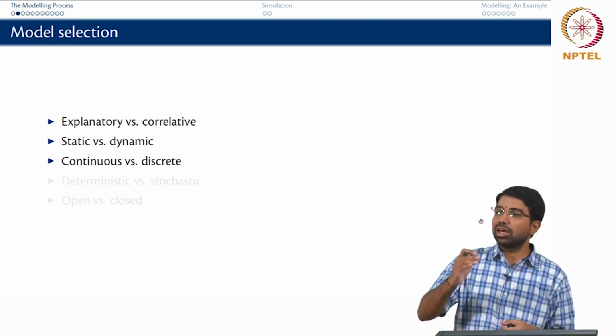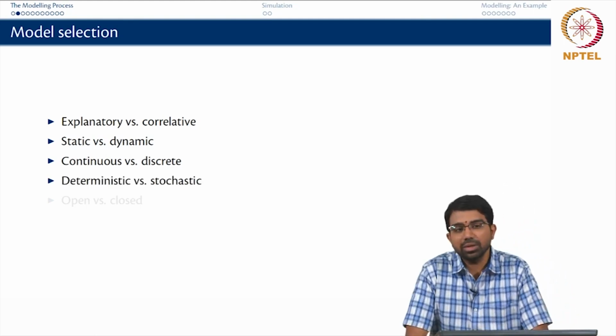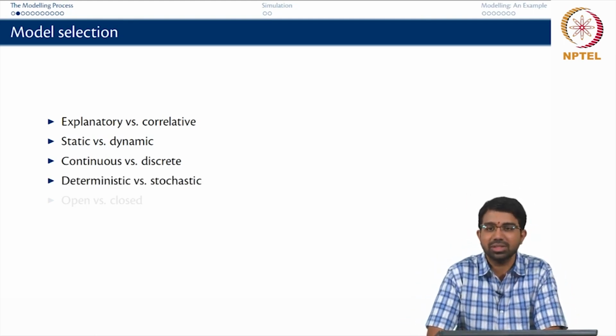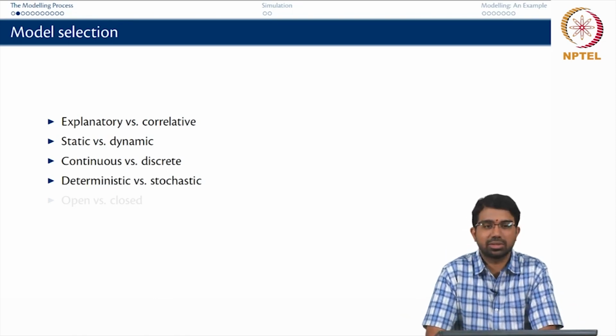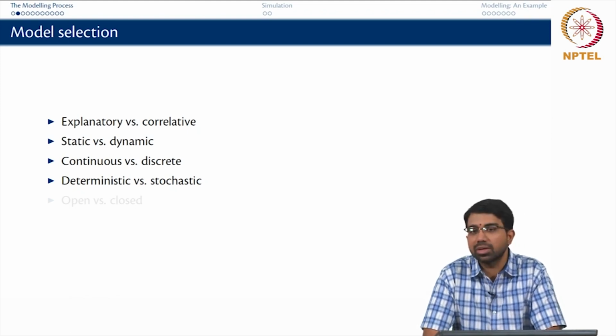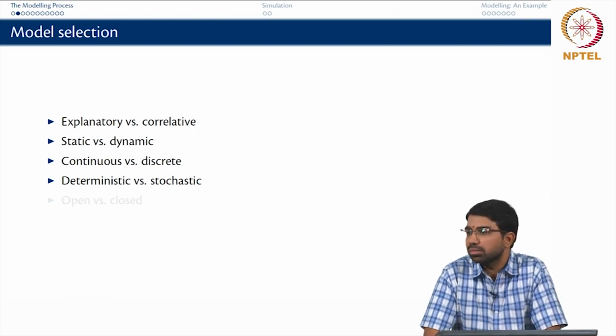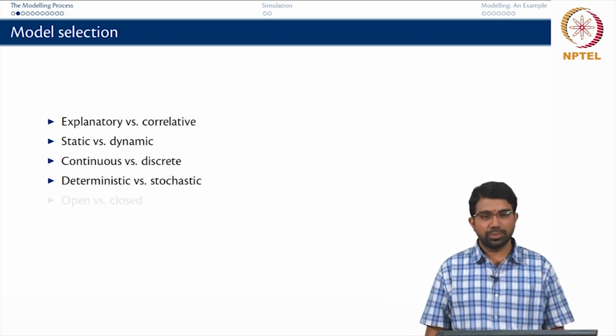So, the variable need not be continuous, right, and very important you can have deterministic models versus stochastic models. In a deterministic model the outcome is always going to be the same, right. A stochastic model has several things that affect the probability of various outcomes. So, you may observe different outcomes depending upon the initial conditions and so on, right.